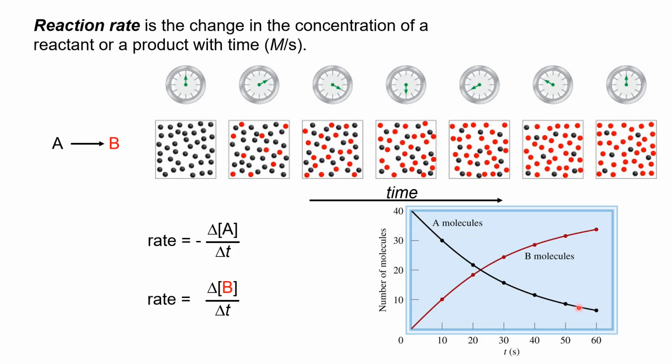It is not a straight line, but it will first go down faster, and with time it will start becoming constant. And same is the case with B. B is a product, so the number of molecules of B will basically increase, and this is how the graph will look: initially it will be a steep curve, but with time the slope will actually decrease. So this is the concentration versus time curve for any reaction.